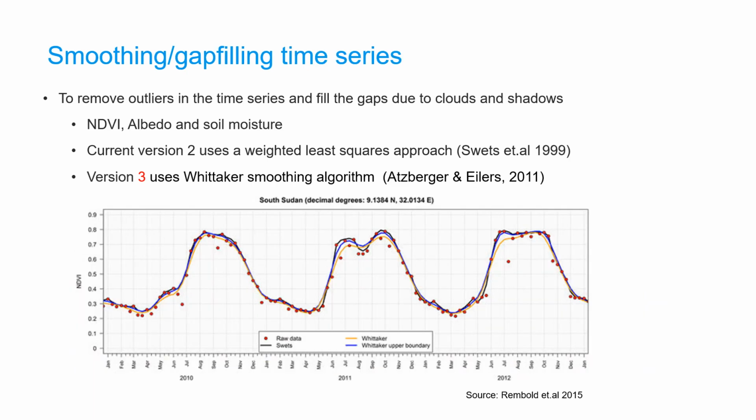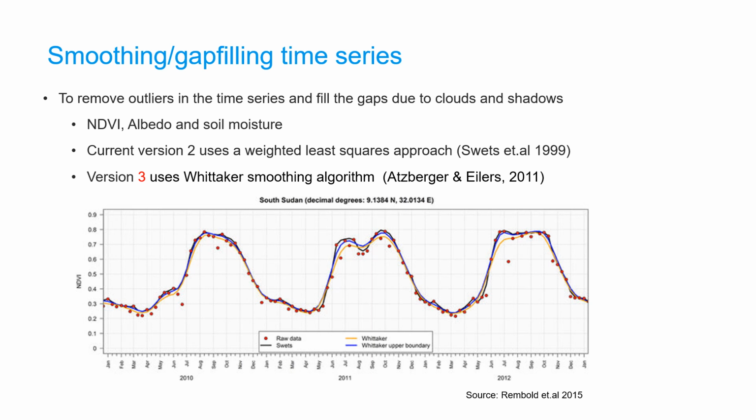One of the final steps in producing gap-free seamless time series of WaPOR data components is to apply smoothing to the time series of intermediate data components like NDVI. This process is done to remove outliers in time series and also to fill the gaps due to clouds and cloud shadows. The smoothing is applied mainly to the time series of NDVI followed by albedo and soil moisture.